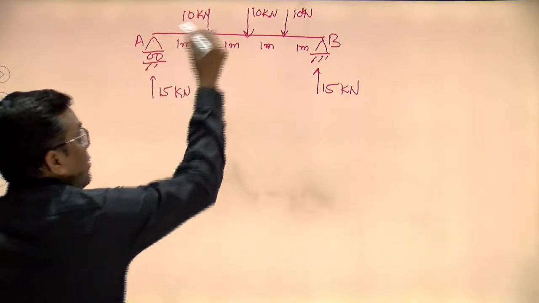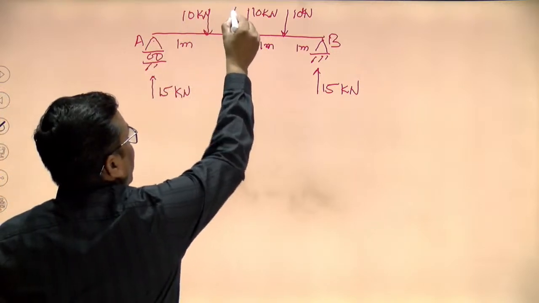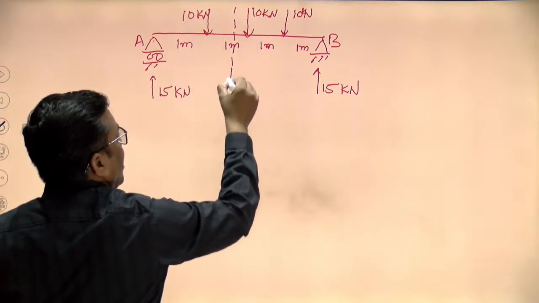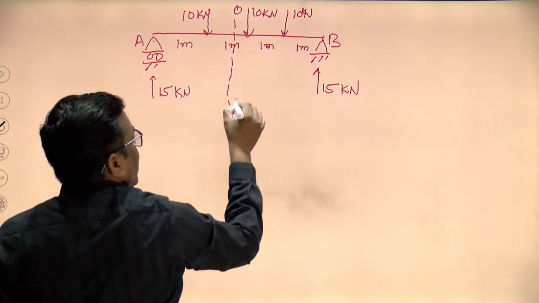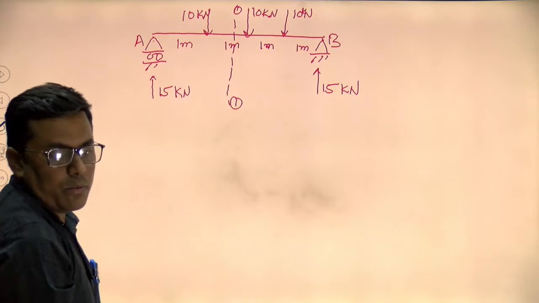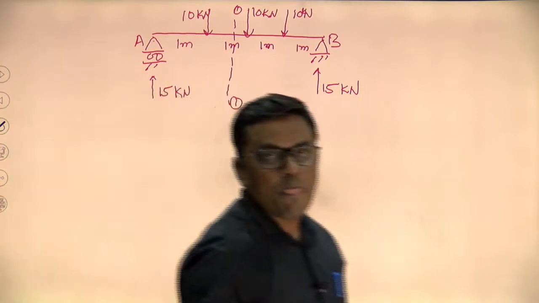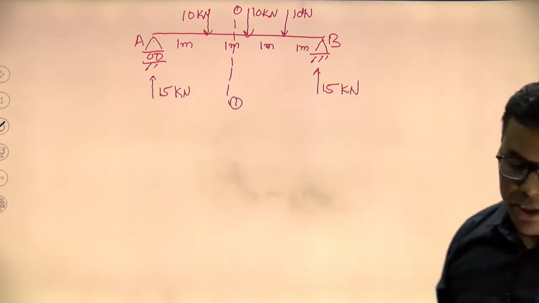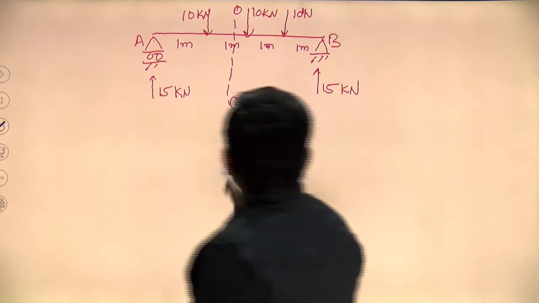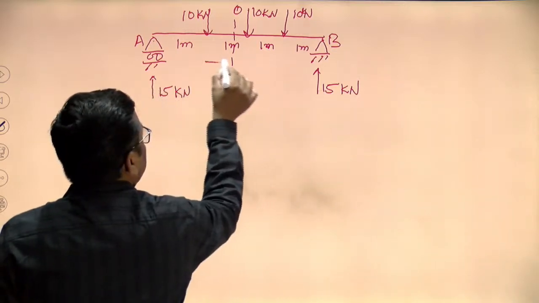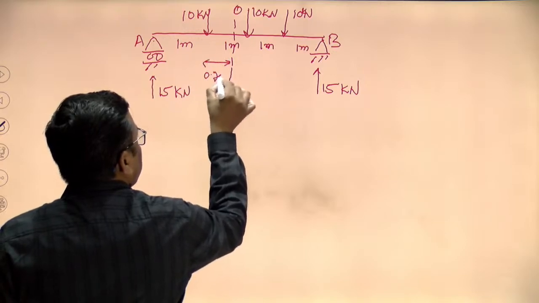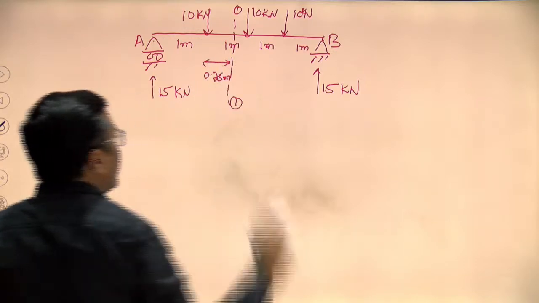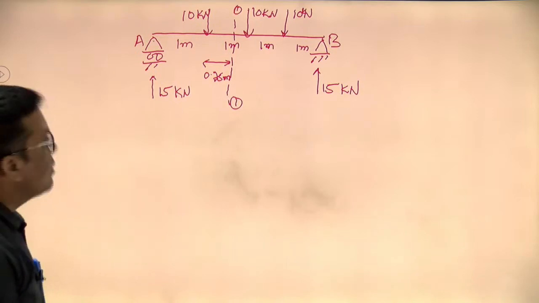Now, as in the previous example, I am taking a section. Section 1-1 I can take. What distance should I take? Any distance I may take. So, I am taking the distance from this point, it is 0.75 meters. 0.75 meters from here.